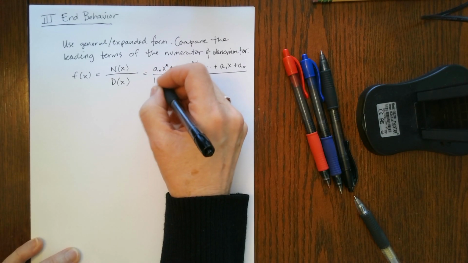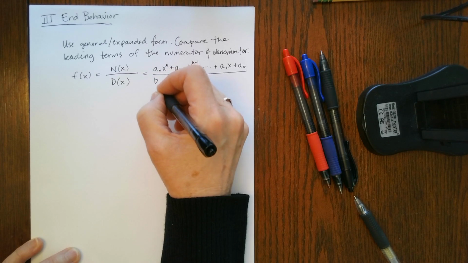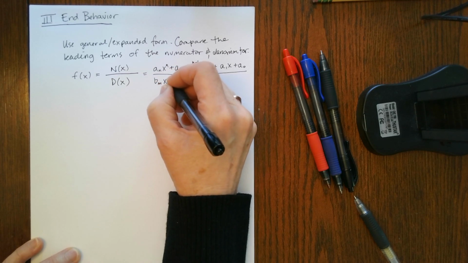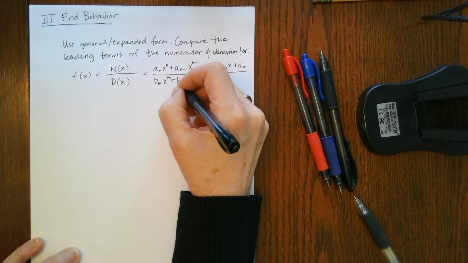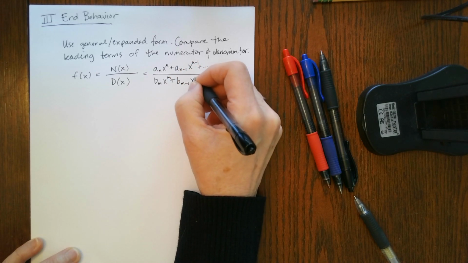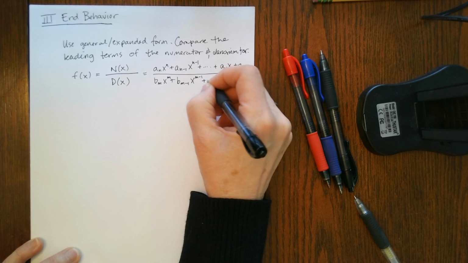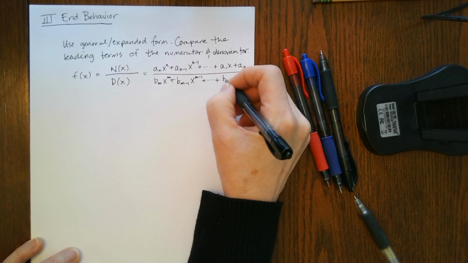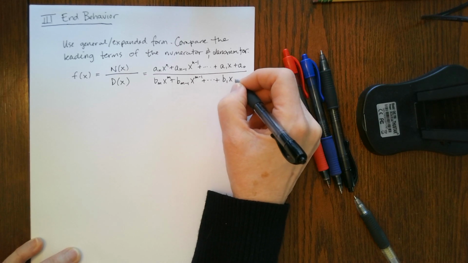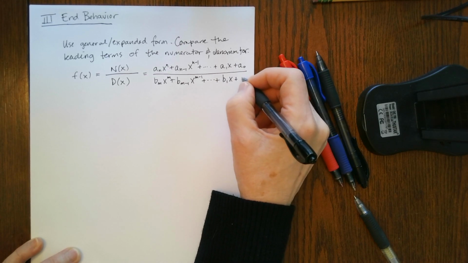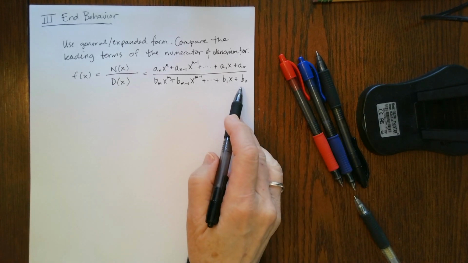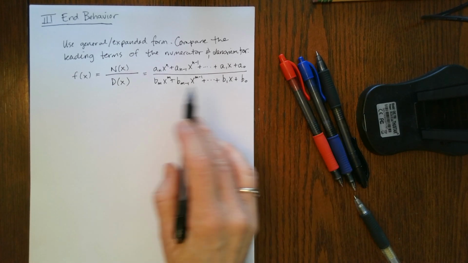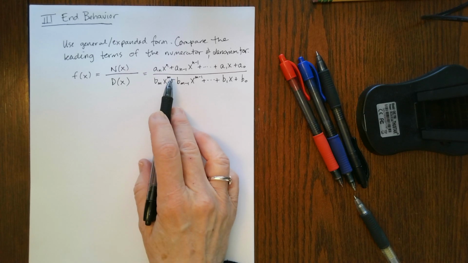And in the denominator, let's say we have b_m x^m plus b_(m-1) x^(m-1) plus all the way down to b_1 x plus b_0. So here b_0 is the constant term, and b_m x^m is going to be the leading term.